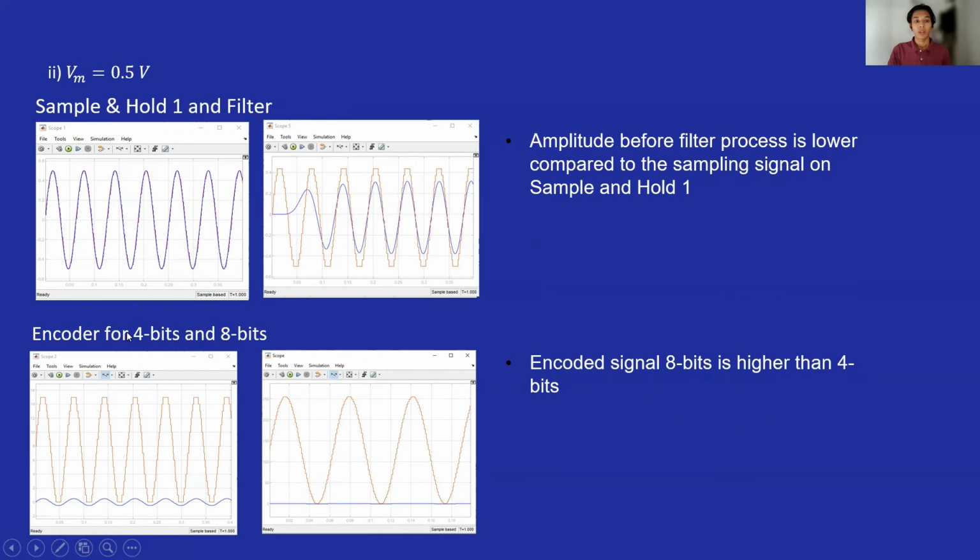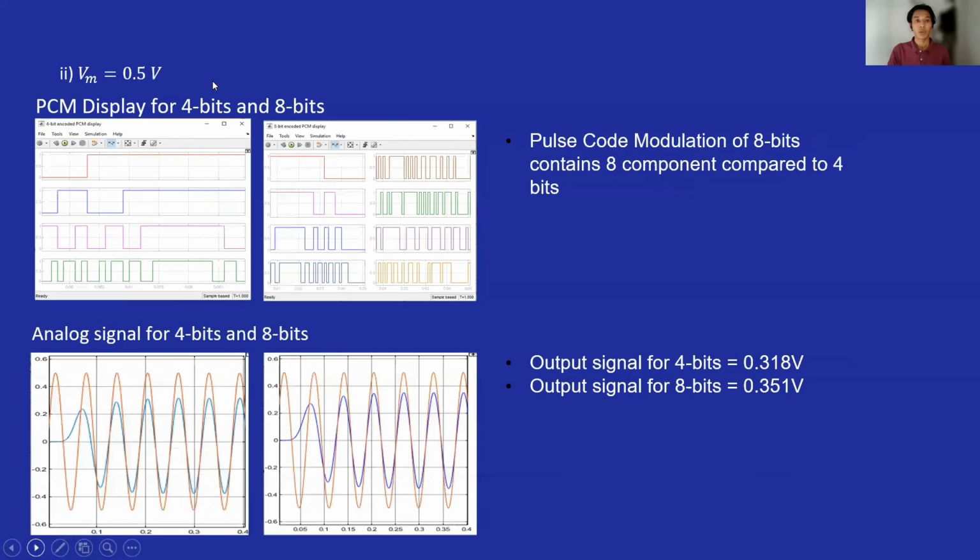For the encoder for 4 bits and 8 bits comparison, you can see that the encoded signal for 8 bits is higher compared to the 4 bits encoded signal. Moving on to the PCM display for 4 bits and 8 bits comparison, you can see that the 8 bits PCM display shows 8 components, while 4 bits only shows 4 components.